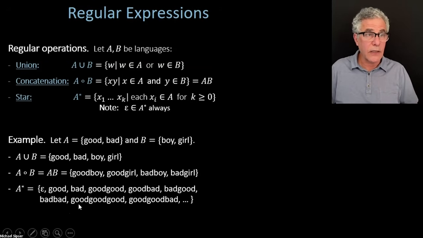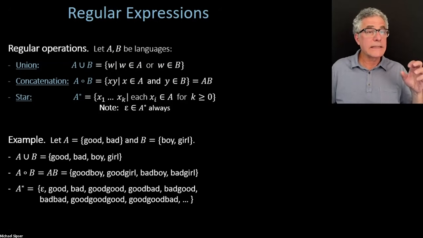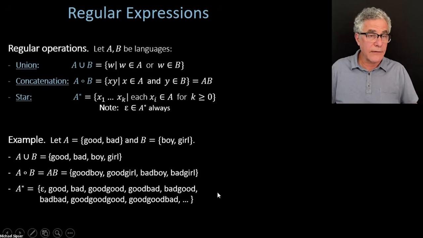Or 3 elements of A, good good good, good good bad. And so in fact, A star is going to be an infinite language if A itself contains any non-empty member. If A is the empty language, or if A contains just the empty string, then A star will not be an infinite language. It'll just be the language containing the empty string, but otherwise it'll be an infinite language.